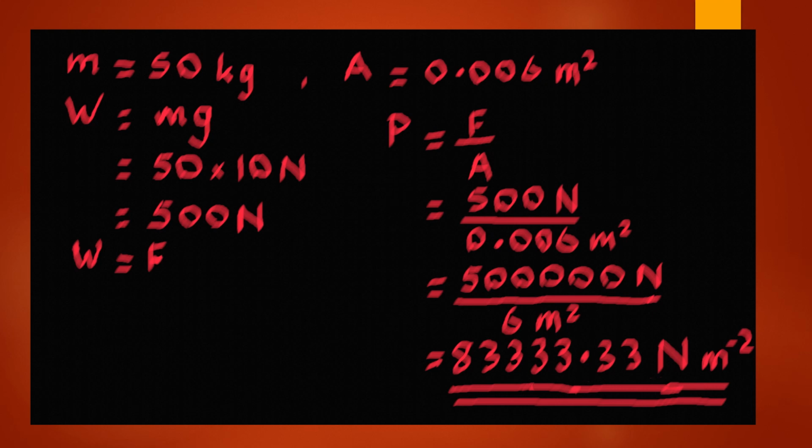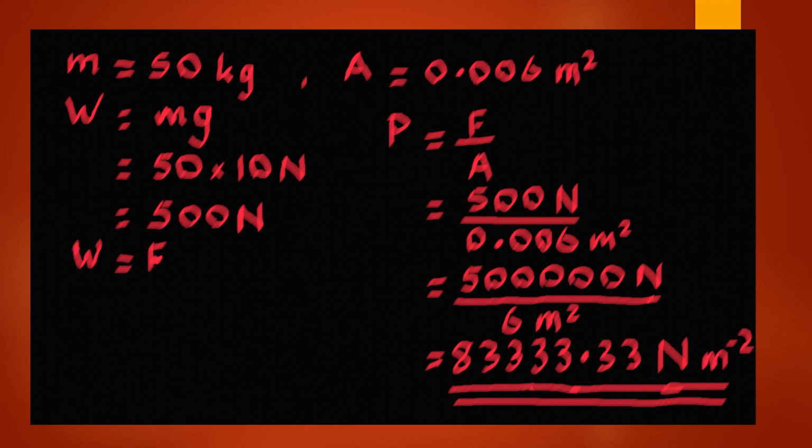Now we have to find the force exerted. Force is equal to the weight of the man. Weight equals mass into gravitational acceleration. W equals mg. Gravitational acceleration is a constant value. The approximate value is 10 meters per second squared.